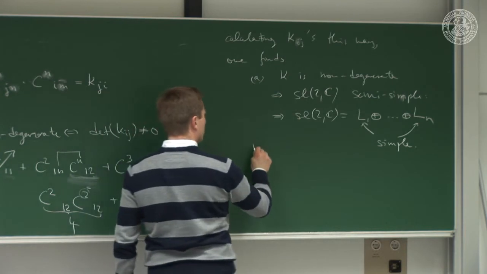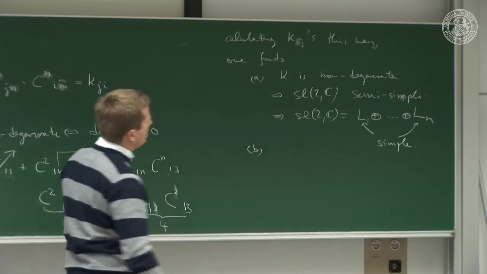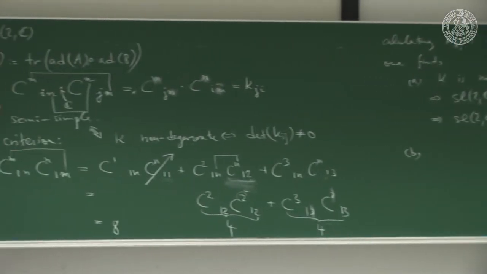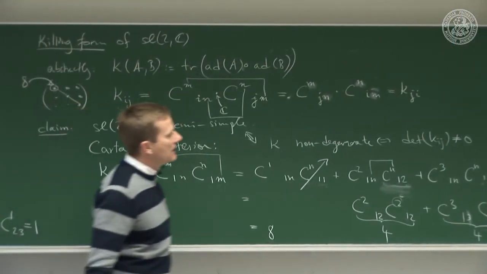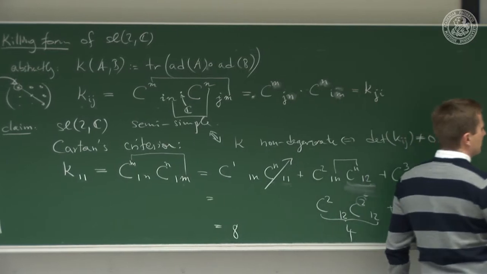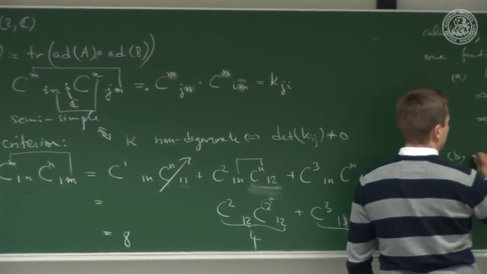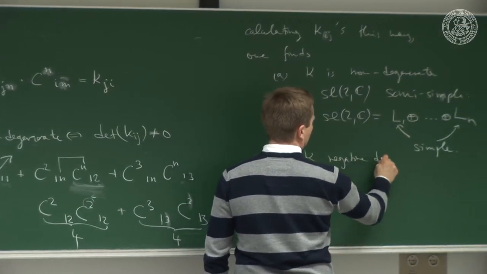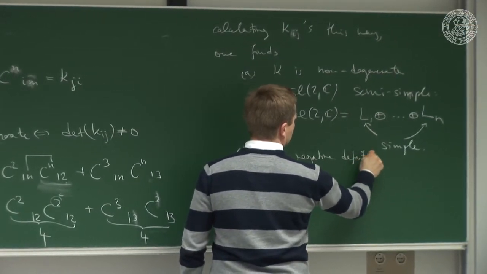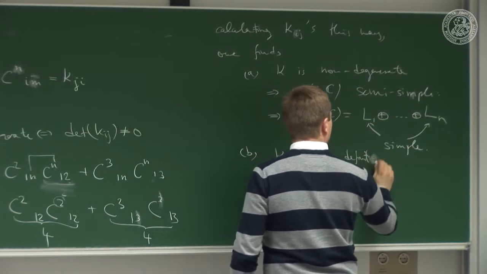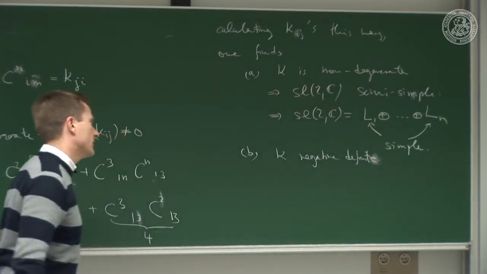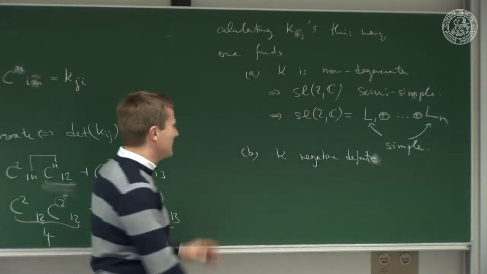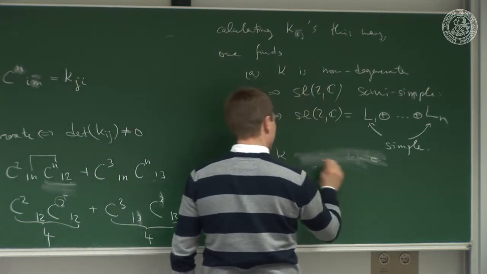And B is more like a side remark, and that is there's something else we can read off the killing form, namely, I mentioned that before, the killing form K is also negative definite. So I hope I got the sign conventions right here. It should turn out to be negative definite. And no, it's not. Okay. No, the statement is it's not negative definite.